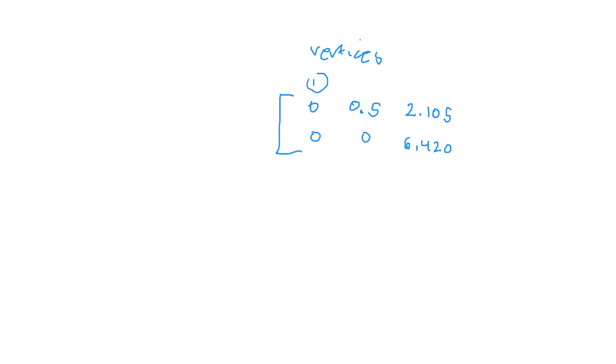Vertices, so you got vertex 1, 2, 3. These are vertices for that letter N. Hold on. This isn't quite right.